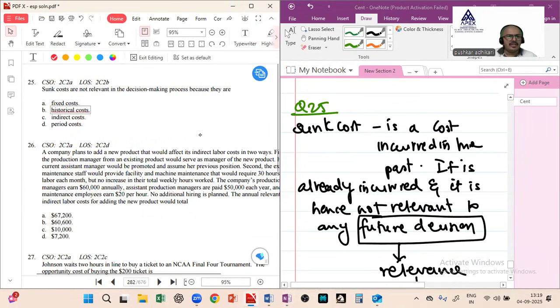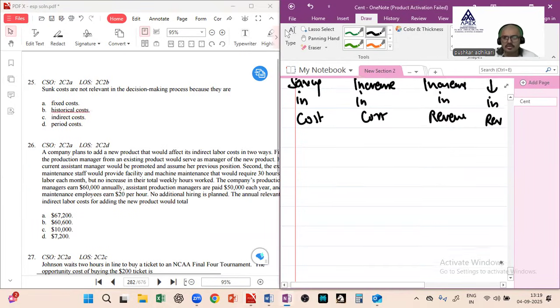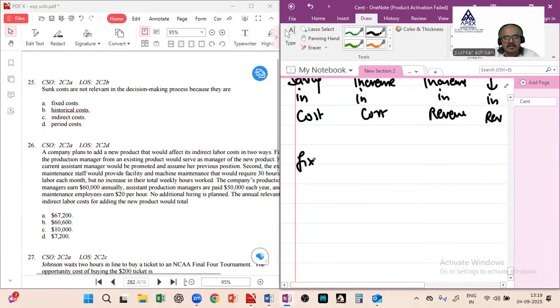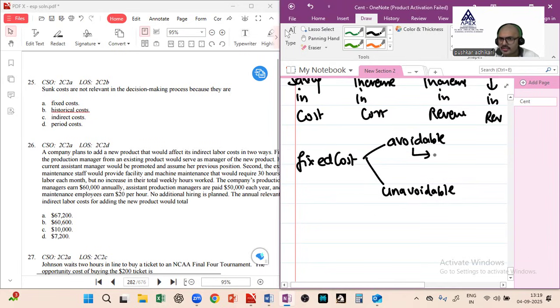Now, please try to understand. Fixed costs. Now, I want you to remember this. Fixed costs are of two types. They can be avoidable and they can be unavoidable. If it is fixed cost and it is avoidable, it is relevant to future decision.